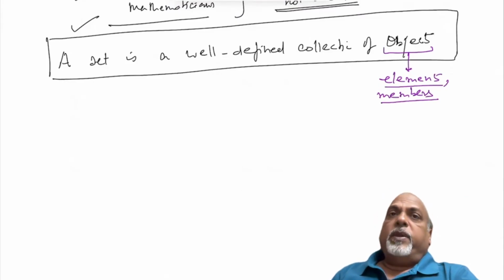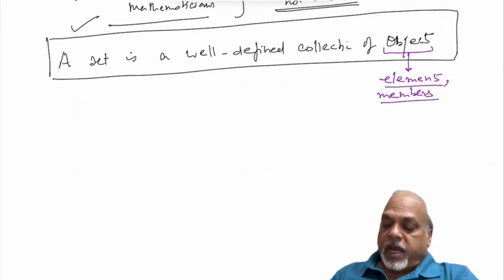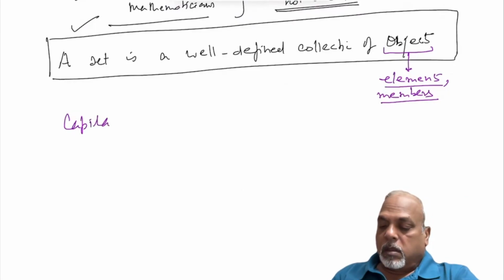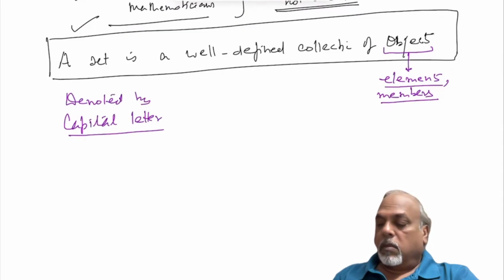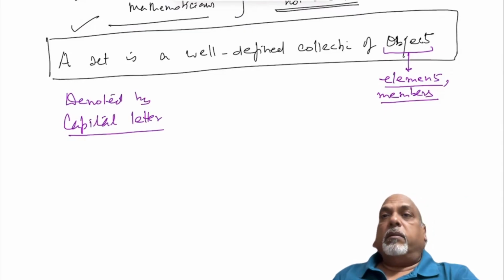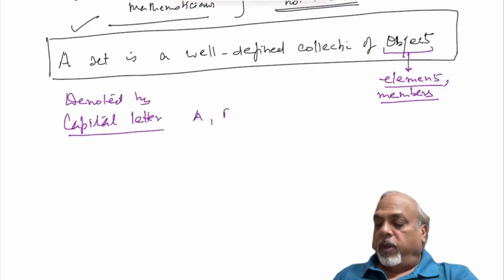A set is usually denoted by a capital letter. That is A, B, C, D, like that.